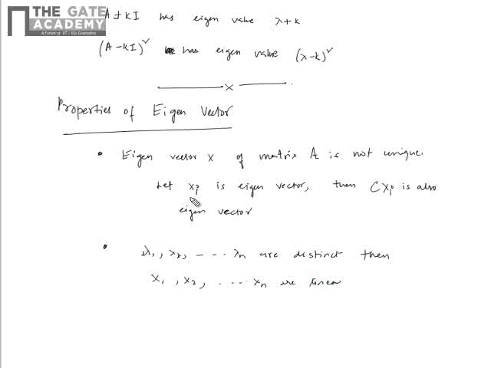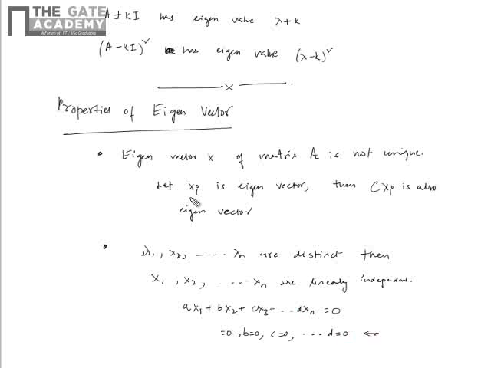Linearly independent means that when I express a x1 plus b x2 plus c x3 plus so on till t xn is equal to 0, then it happens that a is equal to 0, b is equal to 0, c is equal to 0, and so on till t is equal to 0.